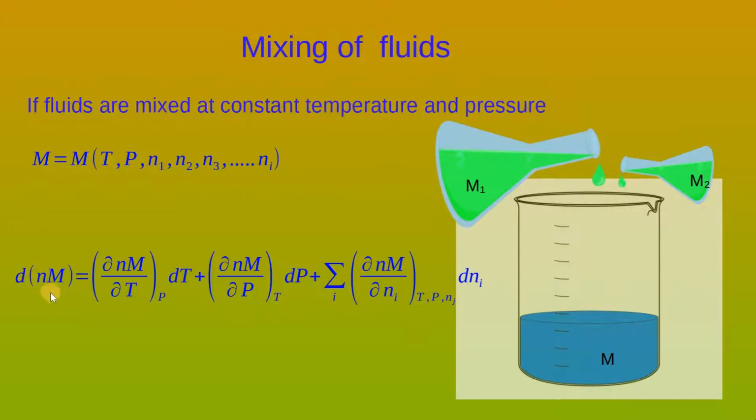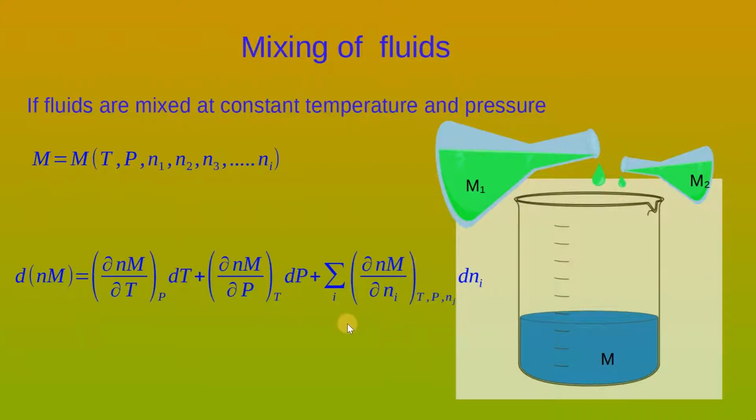Now, the change in property M of the fluid can be written as dou NM by dou T into dT, that is the change in property with respect to temperature, dou NM by dou P into dP, that is the change in property of the fluid with respect to pressure, and finally dou NM by dou Ni dNi at T, P, Nj held constant.